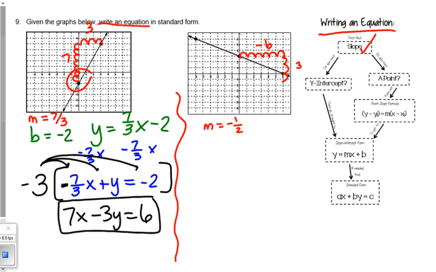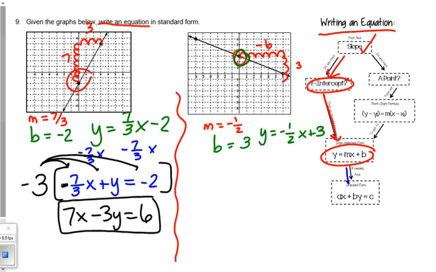Done the first step, then I know that I can go to the left, to the y-intercept, because it's actually crossing the y-axis right here on my graph. Which means I can jump straight down to y equals mx plus b. So my y-intercept up there is 3. So y equals -1/2 x plus 3, which is nice.